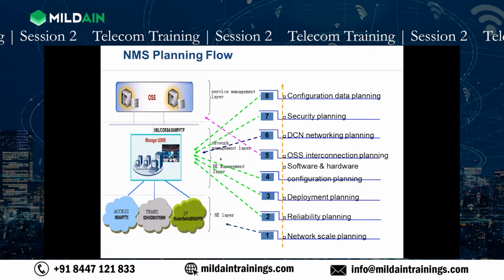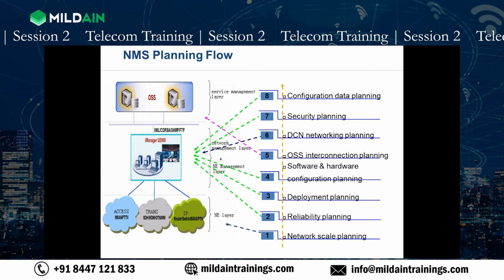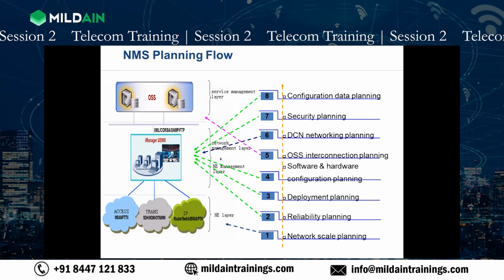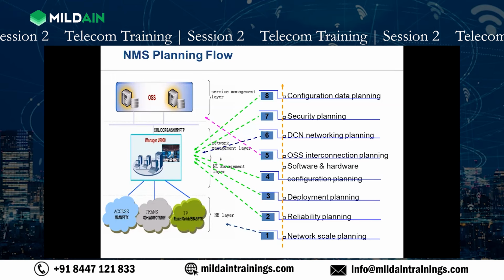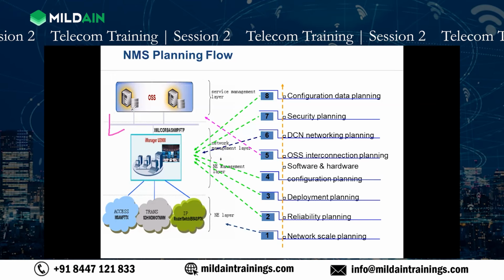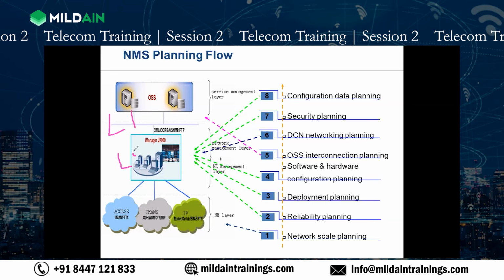Okay. So we were discussing, under reliability planning, the connectivity with physical interfaces and in a ring architecture. Available on layer 1 as per OSI and layer 2.